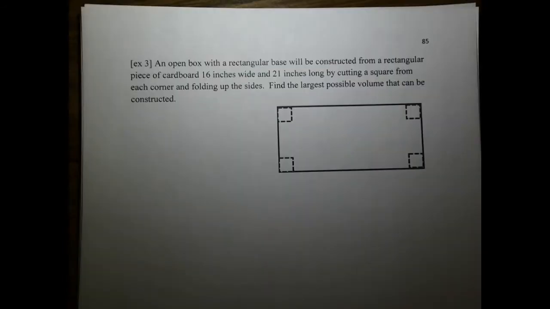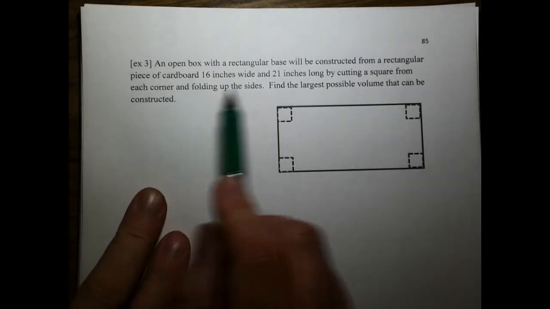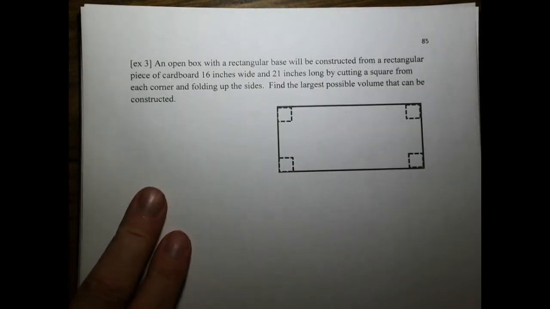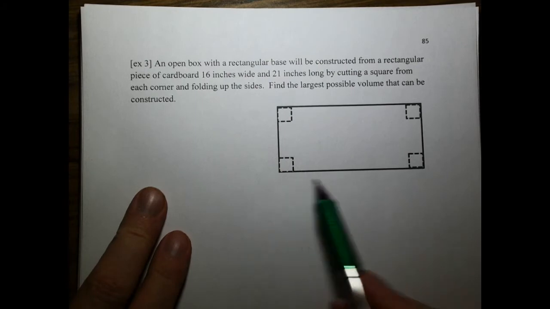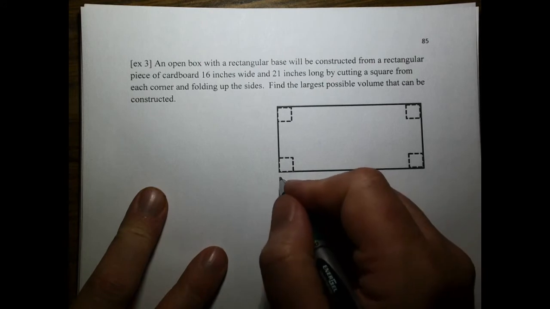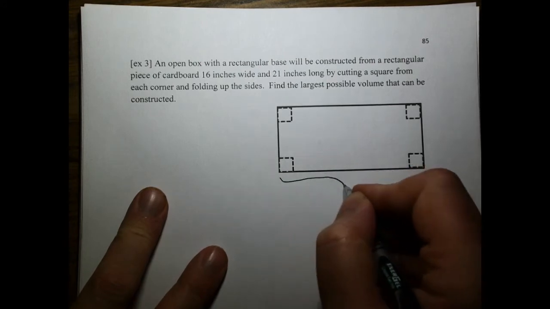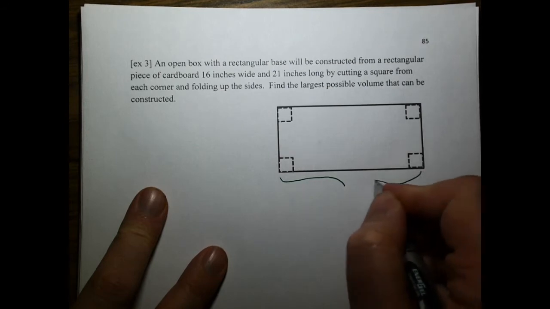All right, so here we have an example where we have an open box with a rectangular base, and it's going to be constructed from this piece of cardboard. Now the cardboard is 16 inches wide and 21 inches long.